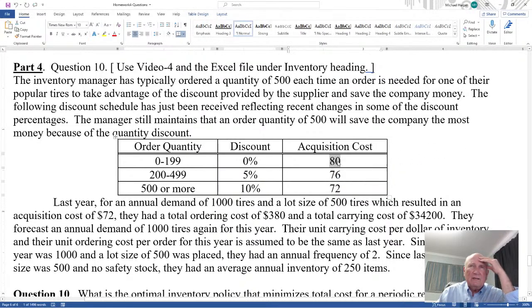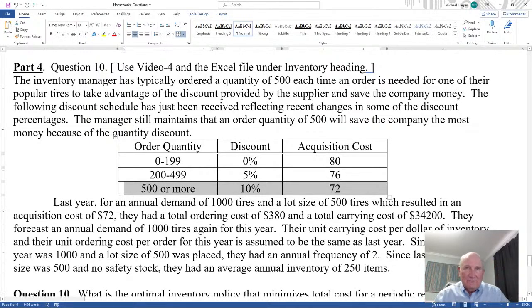But if I buy between 200 and 499 tires, they'll give me a 5% discount and only charge me $76 per tire. I'll save $4 per tire. That's a lot of savings. And if I buy 500 or more tires, I can get a 10% discount and save $8 per tire.